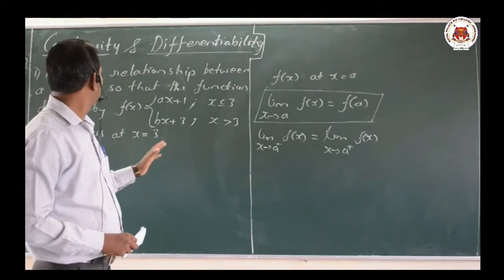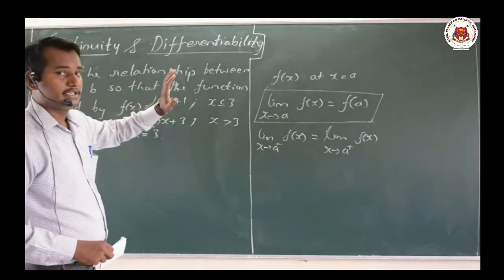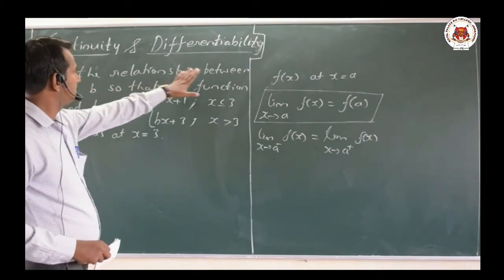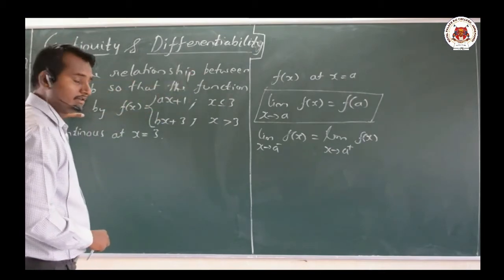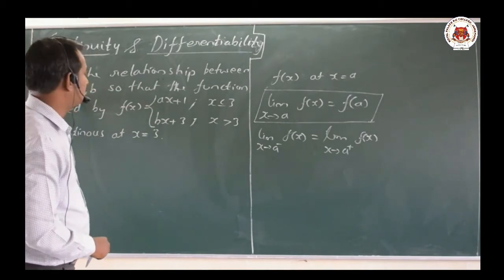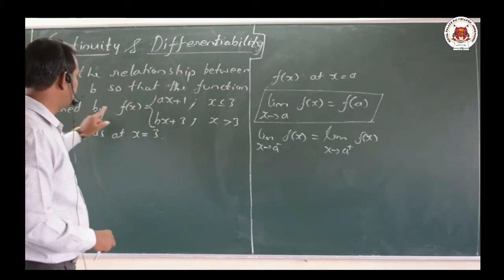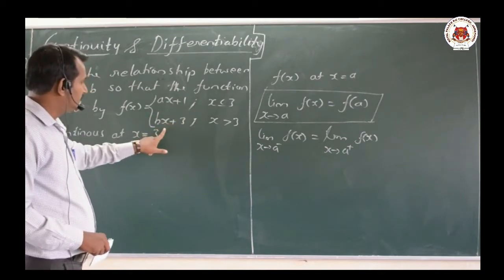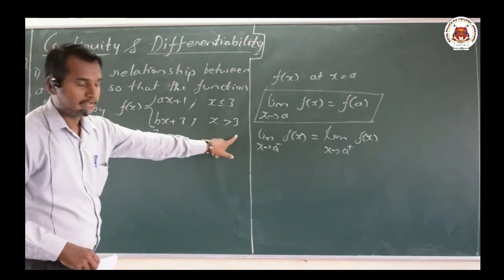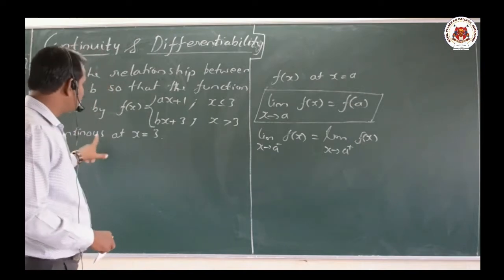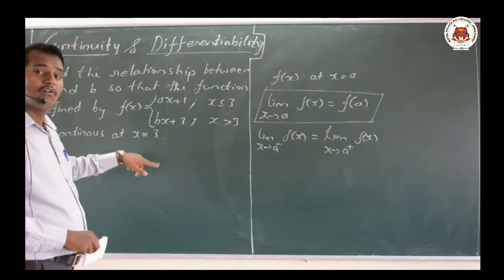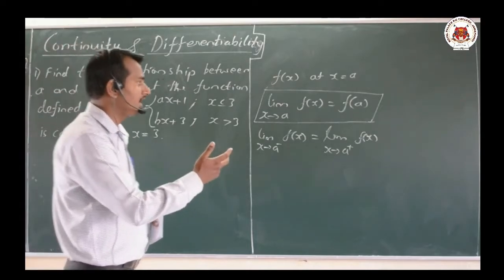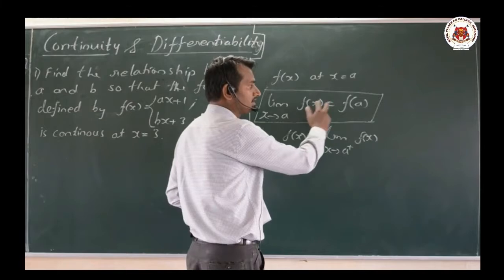The first example: find the relationship between a and b. It is a little bit tricky problem. The constants a and b are such that the function defined by f of x equal to ax plus b when x is less than or equal to 3, and bx plus 3 when x is greater than 3, is continuous at x equal to 3. Since it is continuous, we have the limit as x tends to a, f of x, equal to f of a.